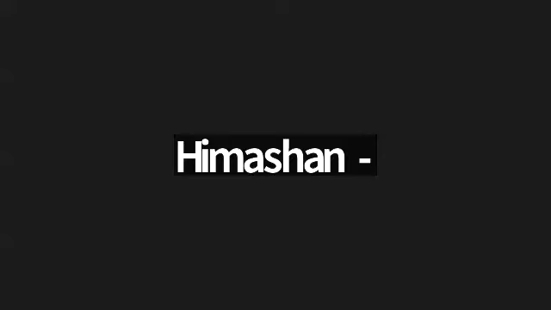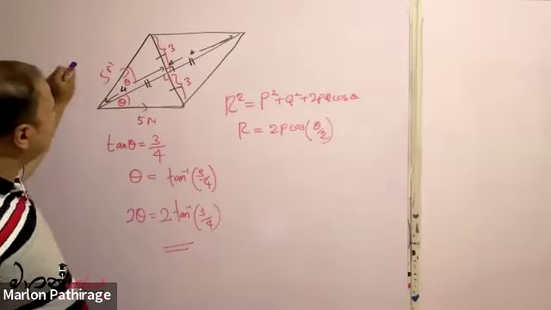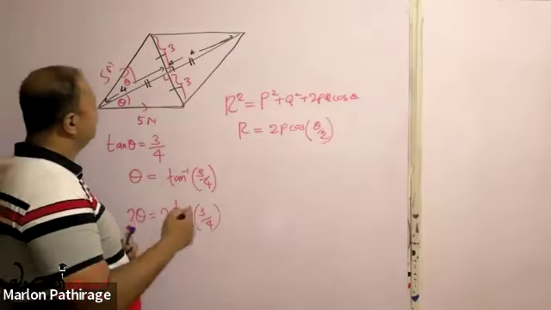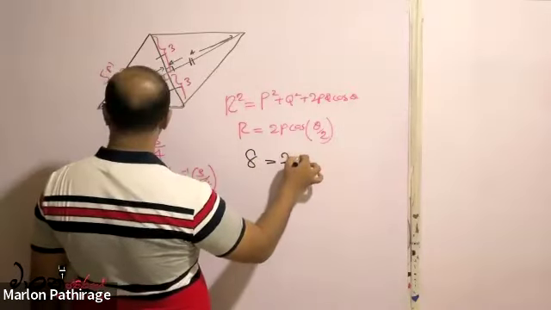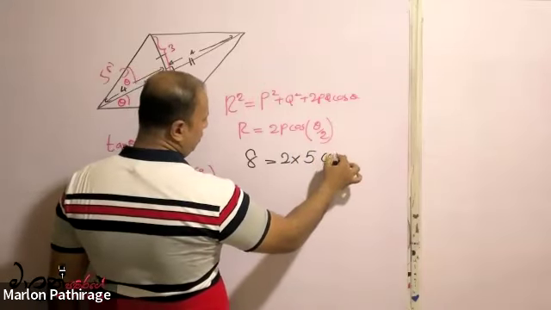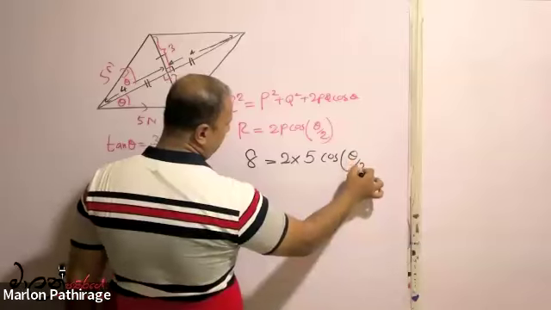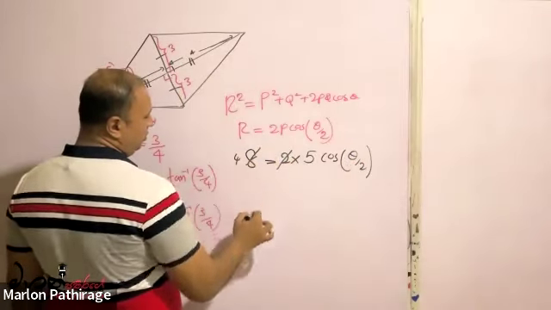Okay, sir. Here R means this length, which is 8. R is 8. P means 5, cos theta over 2. Here it is 4.